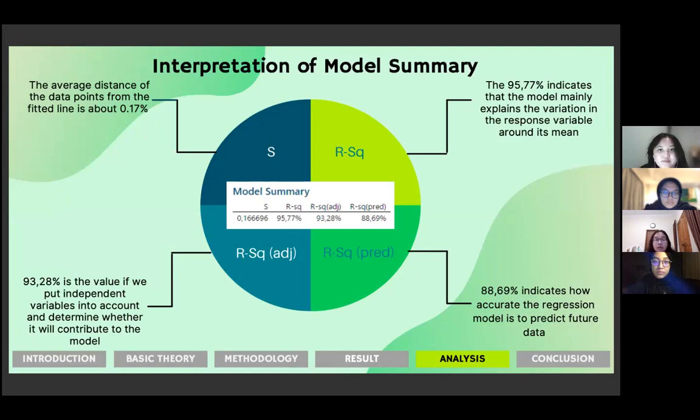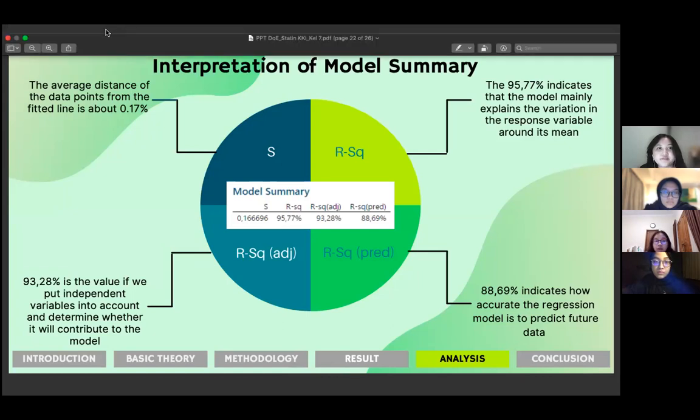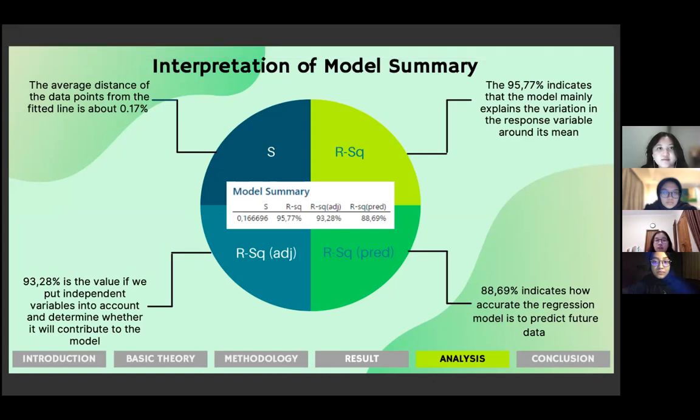Based on the model summary, we obtained the standard deviation between the data values and the regression line, which is 0.16696, which means that the average distance of the data points from the fitted line is about 0.17%. Next, the coefficient of determination, which is the squared value of the multiple correlation coefficient, is 95.77%.